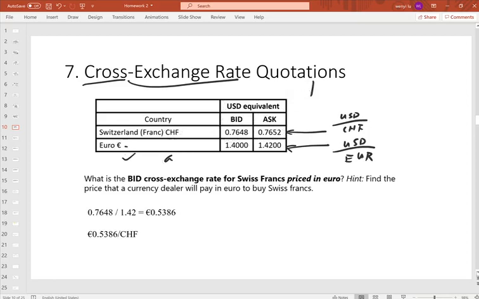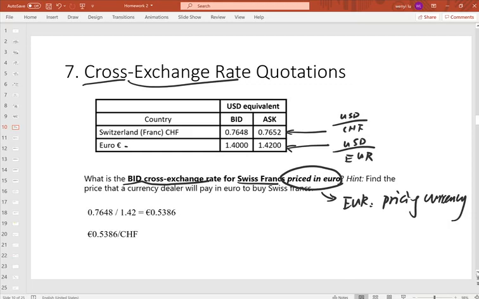Now let's see what question we want to solve. We want to solve a bid cross rate for the Swiss franc priced in euro. Be careful, priced in euro. So the euro is the pricing currency and the Swiss franc is the base currency.